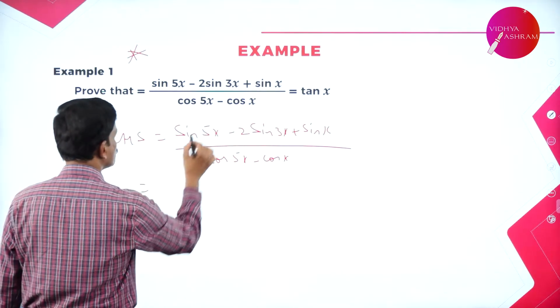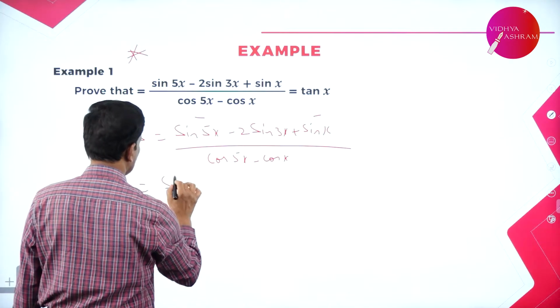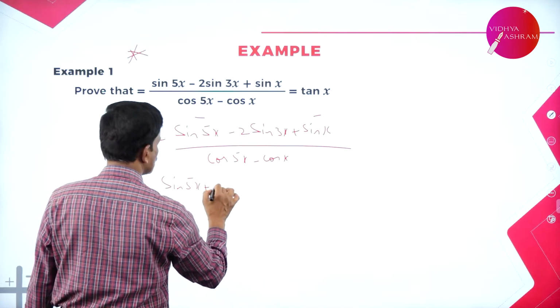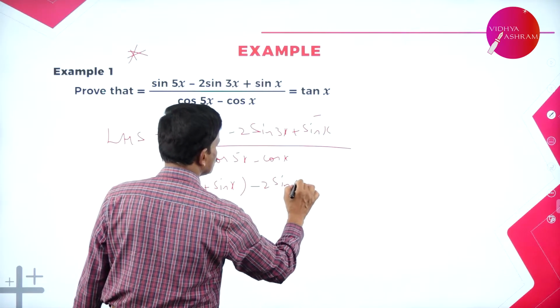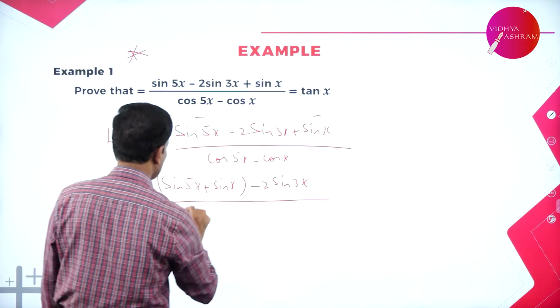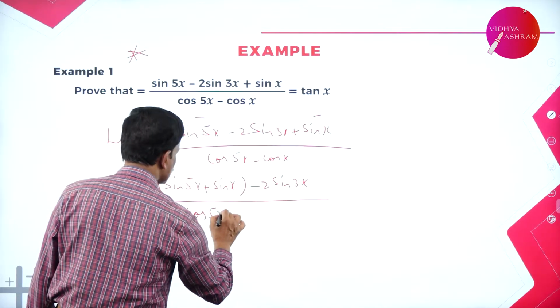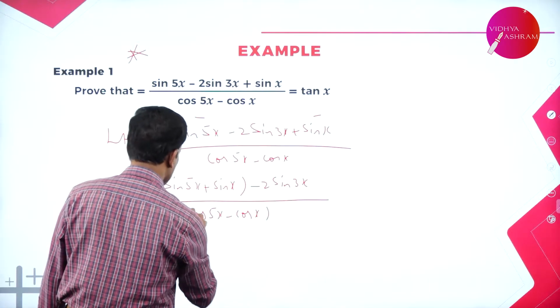Now, let us group these two first. That is sin 5x plus sin x, one group, minus 2 sin 3x, divided by, in the denominator, we will have cos 5x minus cos x as one group.